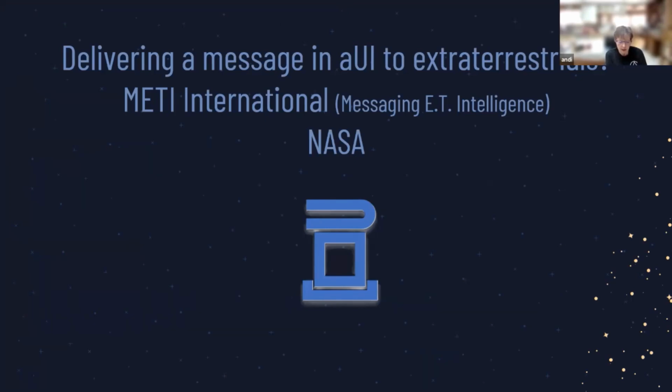It's the Europa Clipper mission, headed to Europa, which is a water-covered moon of Jupiter. They wanted to include the words for water in as many languages as they could get, and so they included the word for water in aUI. This is going to be announced in March, soon, and they will take off in October, apparently.